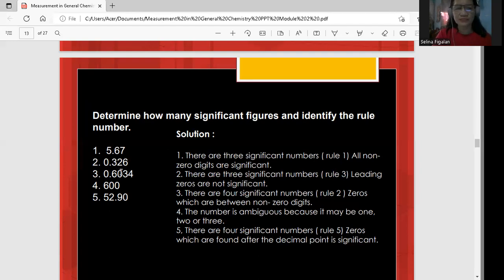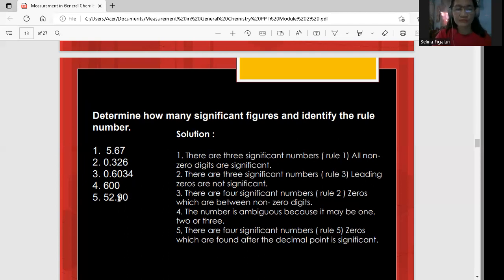And this one, since the 0 is found between the two non-zero numbers, which means that this 0 is significant, but the other one, which is found before the decimal point, it is not significant. This one is ambiguous, okay? The fifth one, there are 4 significant figures which are found after the decimal point, okay?